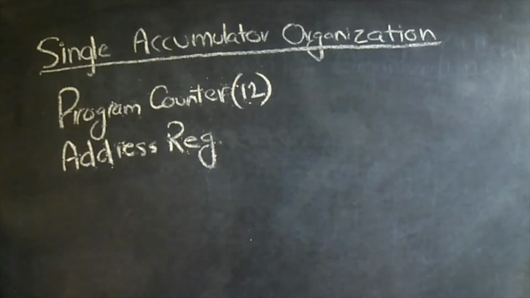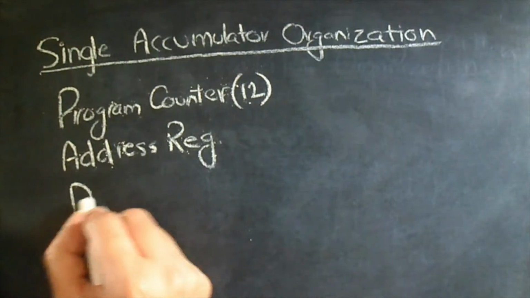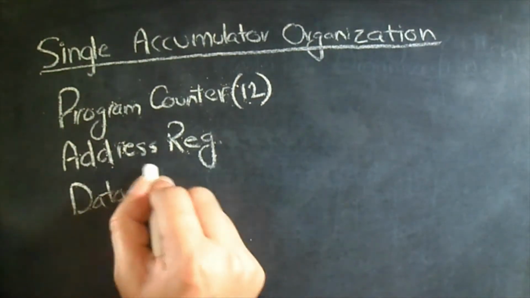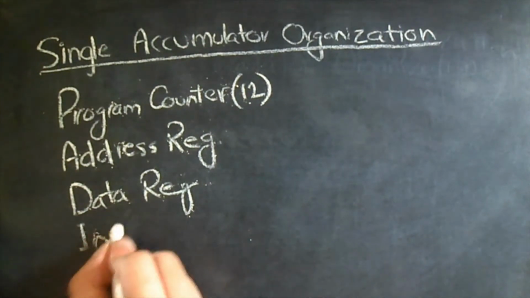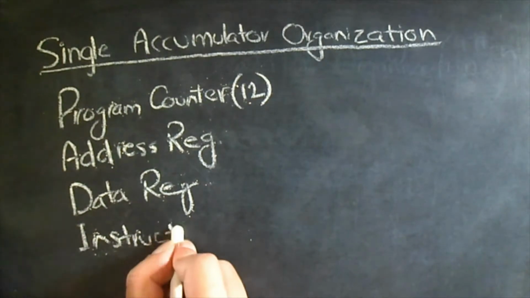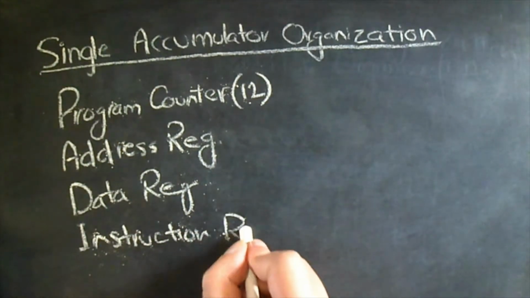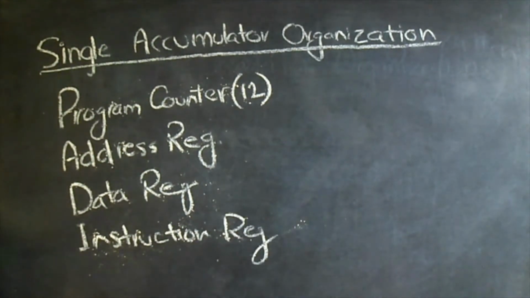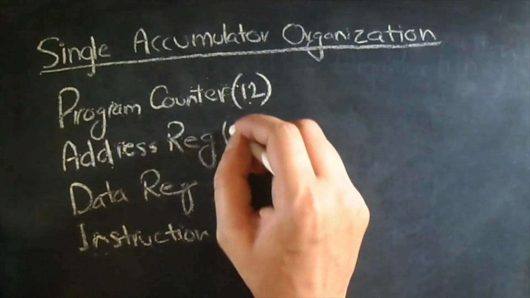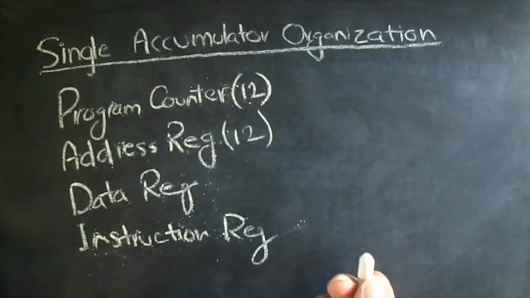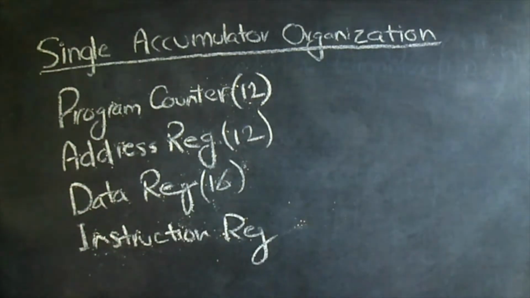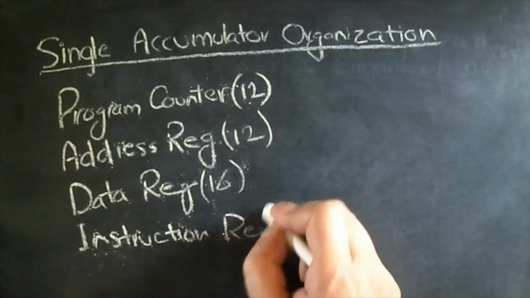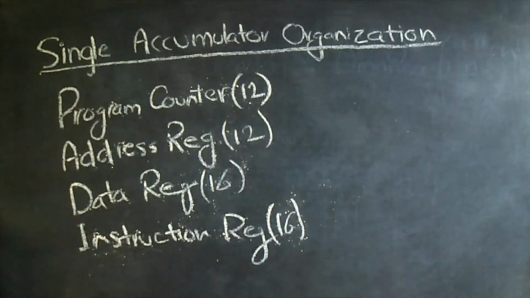If it is data, then it will be stored in data register, and if it is an instruction, then it will be stored in instruction register. So address register would be 12 bits, same as program counter. Data register, since it stores data, will be 16 bits. Instruction register, it is also data, so it will also be 16 bits.